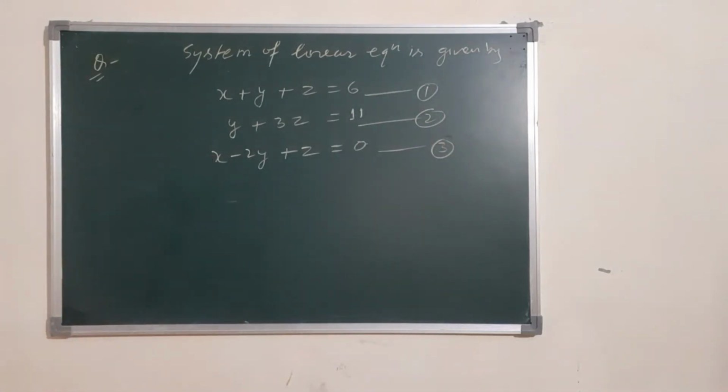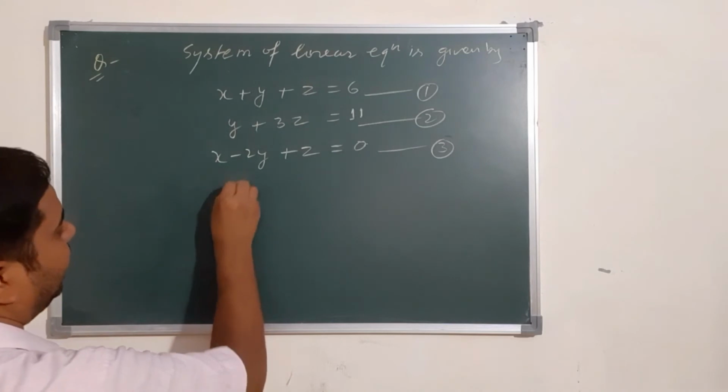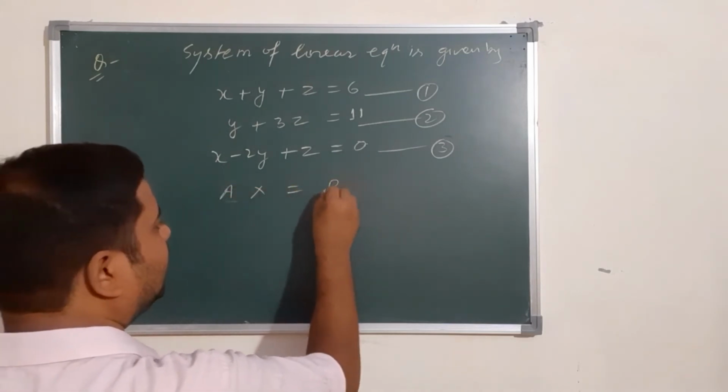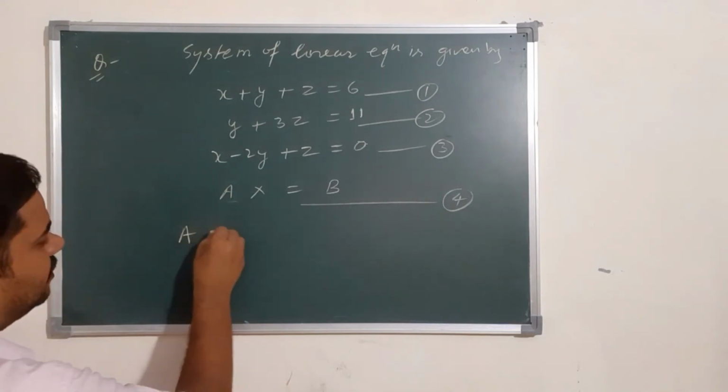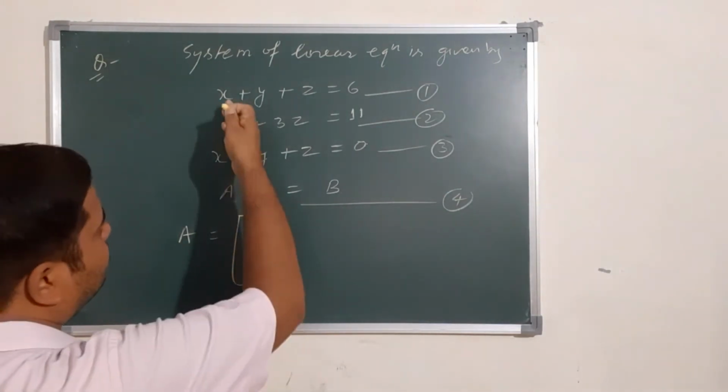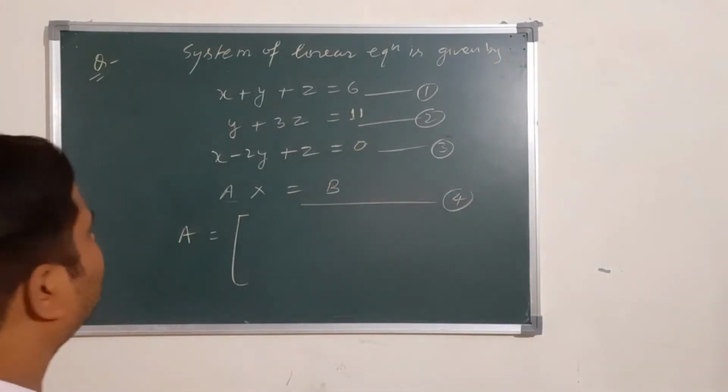Now we make the matrix equation. So Ax is equal to B. This is equation number 4, where A is nothing but the matrix formed by the coefficients of x, y, z.